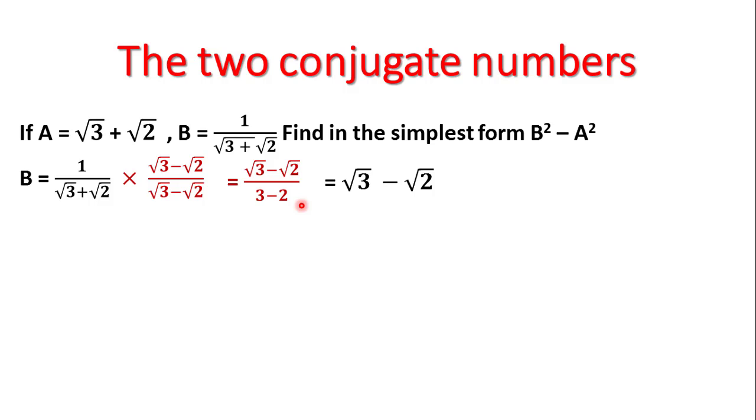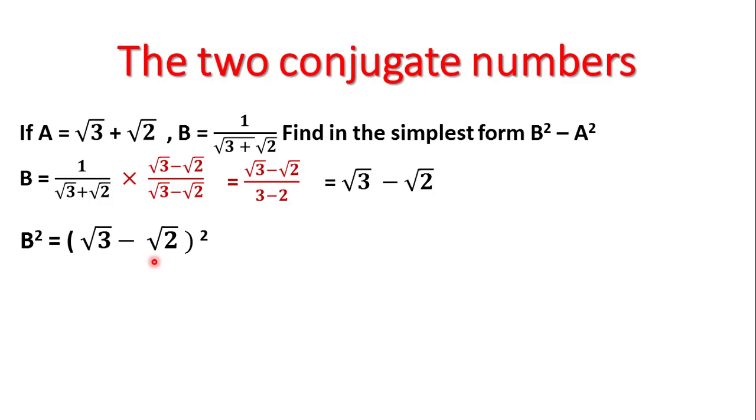So now we have a and b. A is root 3 plus root 2. B is root 3 minus root 2. I want b power 2 minus a power 2. Let's calculate b power 2. b power 2 equals root 3 minus root 2 all power 2. We have a rule: first power 2 minus 2 first second plus second power 2.